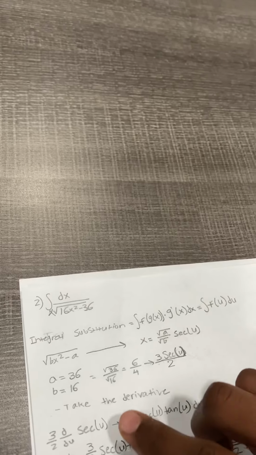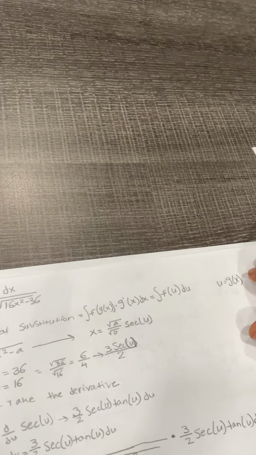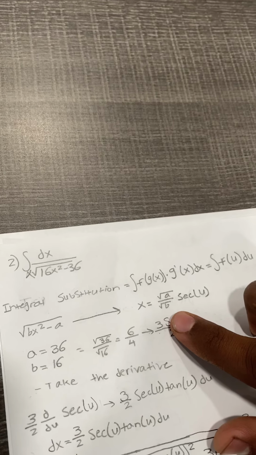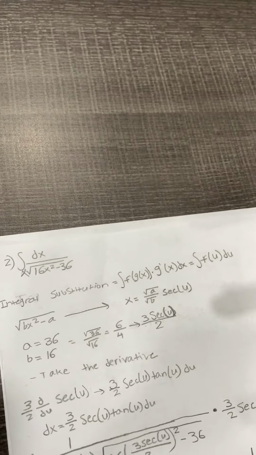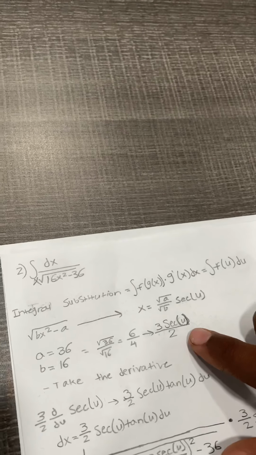Okay, where a equals 36, b equals 16, which gives us the square root of 36 over the square root of 16, which equals 6 over 4, simplified, 3 secant u over 2.